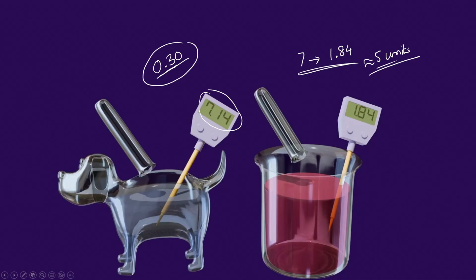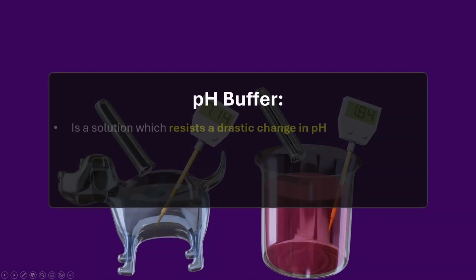So what is that something that resists the change in pH when a strong acid as well as when a strong base is added? That something is pH buffer. So what is pH buffer? pH buffer is a solution that resists a drastic change in pH.